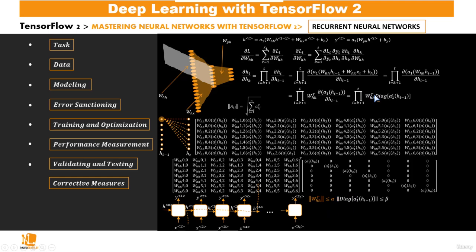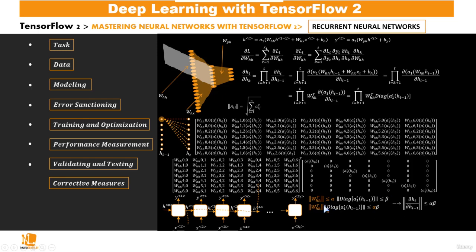Now, looking at this other matrix, this diag of a1 prime of h_(i-1), we could also say the L2 norm should be at most beta. So here we have these two matrices which have maximum values alpha and beta for their L2 norms. And then when combining this, we have that the L2 norm of this by this is always less than or equal to alpha times beta.